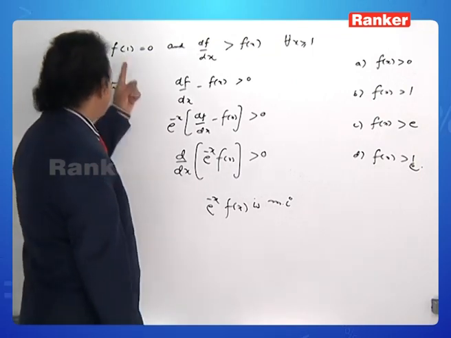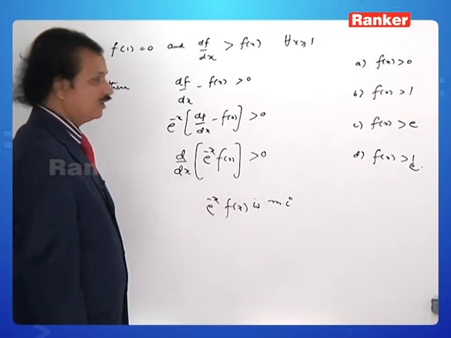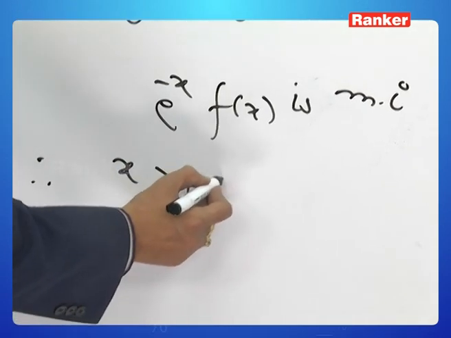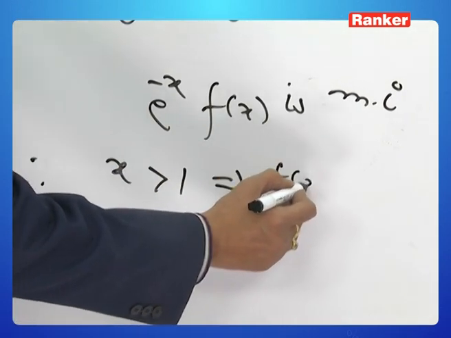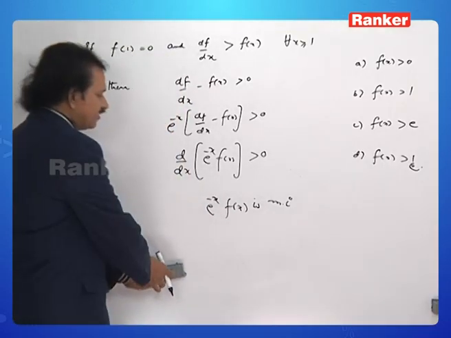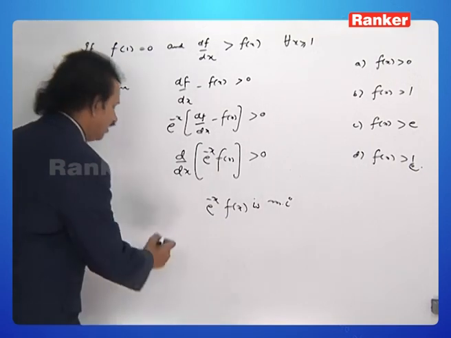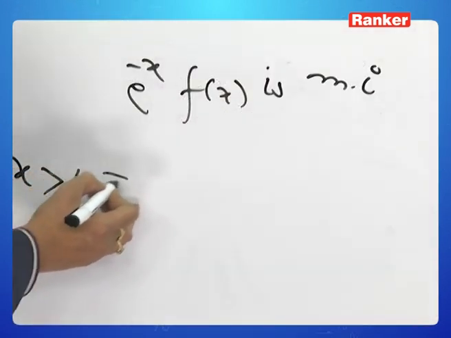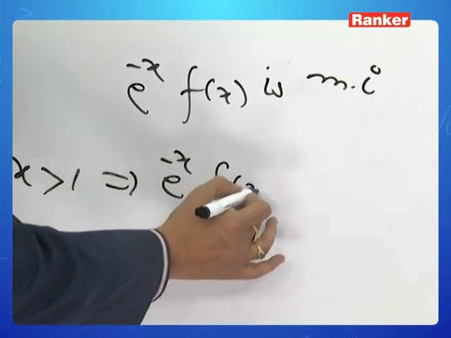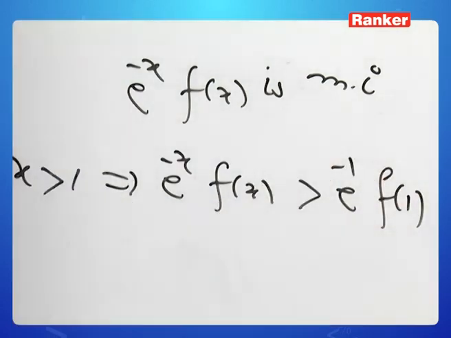Well, if you take 1, e power minus 1 and f of 1 is 0. Okay. Therefore, x greater than 1 implies f of x greater than 1. It is strictly increasing. Which is the increasing function here? E power minus x into f of x is increasing. Therefore, x greater than 1 implies e power minus x into f of x is greater than e power minus 1 into f of 1.